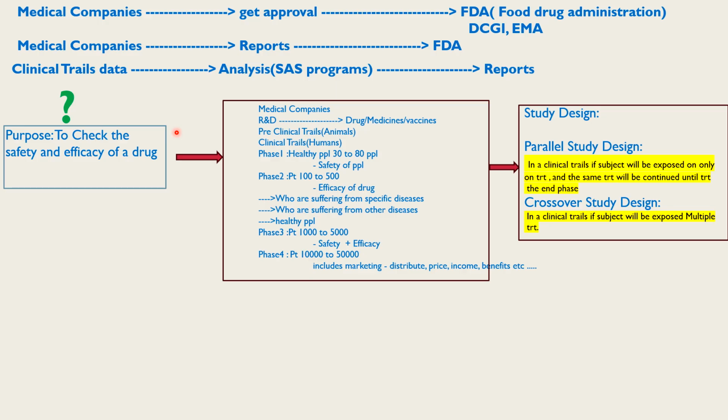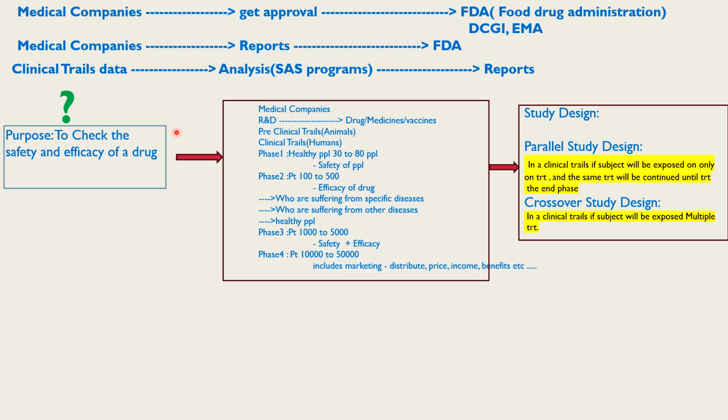In phase 2 they will test around 100 to 500 people to check the efficacy, how effective the drug is. Then in phase 3, they check the safety and efficacy on a large scale, and then phase 4.